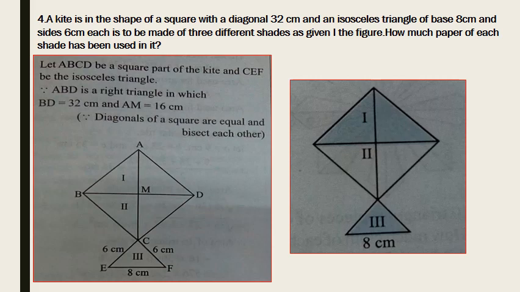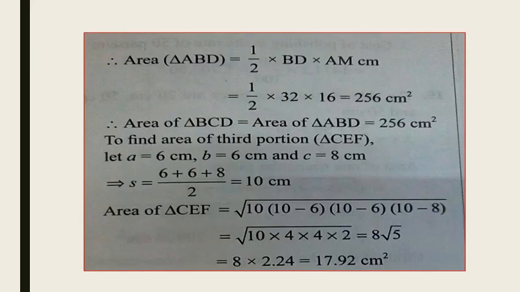Now we can find the area of the triangle ABD by using the formula half base into height. Area of triangle ABD is equal to half into BD into AM. So 1 by 2 into 32 into 16, that is equal to 256 centimeters square. So area of ABD is equal to 256 centimeters square.